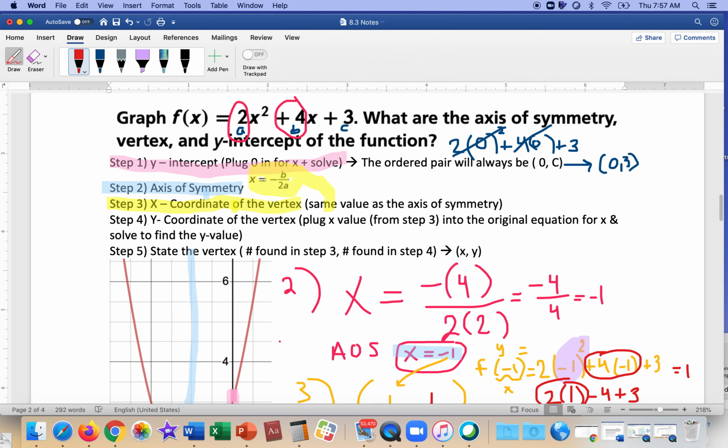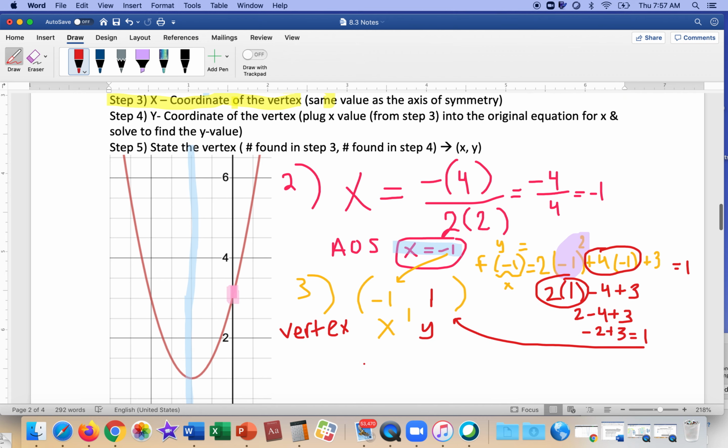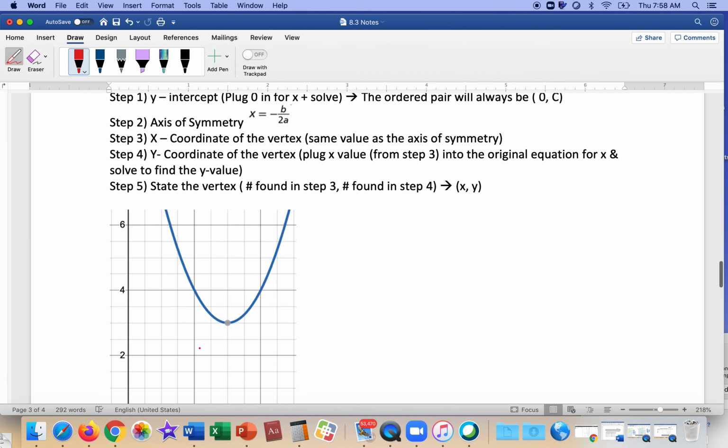Negative 4 over 2 times a is equal to negative 1. So then we have negative 1, 1 would be here. Did I put the wrong picture in?